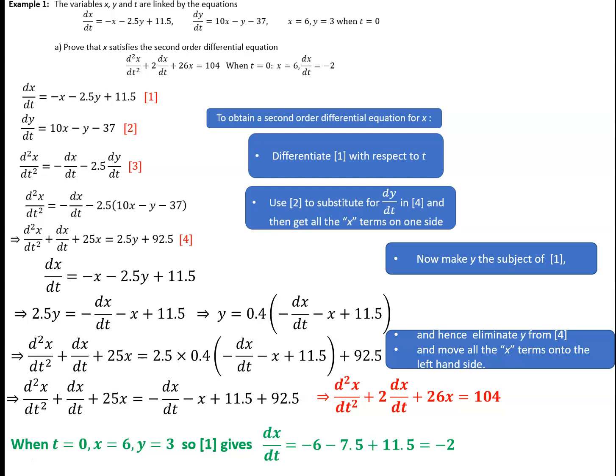So we have got the initial conditions that when t equals 0, x is 6 and dx by dt is minus 2. So we've now done part A of the question.